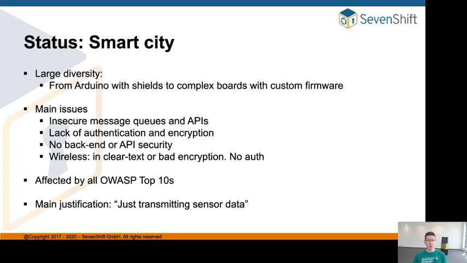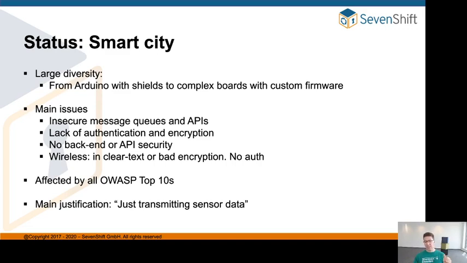To sum up, in our smart cities, you have a large diversity of devices, going from Arduino projects with shields on top to complex boards with custom firmware, depending on how mature the company is that's doing these. Lots of the time, main issues are insecure messaging queues and APIs, authentication, lack of backend or API security, and no authentication or encryption on their wireless devices.